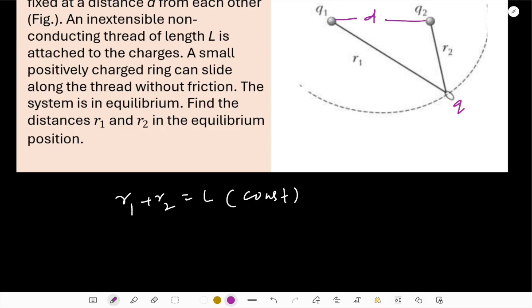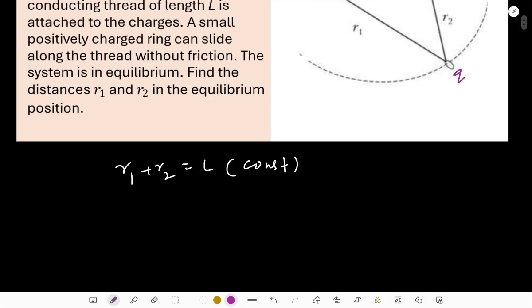And now I'm willing to use a technique in which we suppose the ring has been displaced from the equilibrium position. Then what will happen? A very small shift. That means I'm considering an infinitesimal shift of the ring from its equilibrium position, and this shift can be written simply as dr1 plus dr2, and that will be equal to 0 since L is constant.